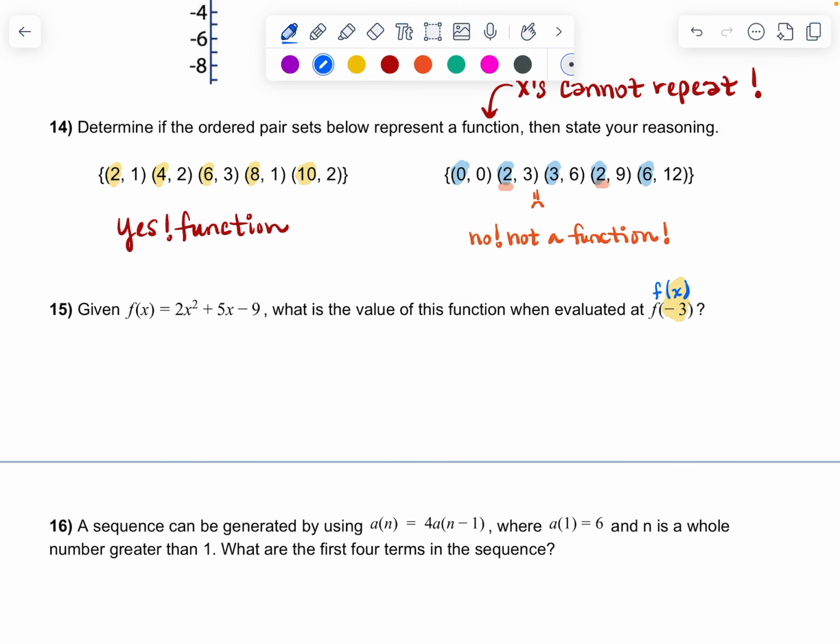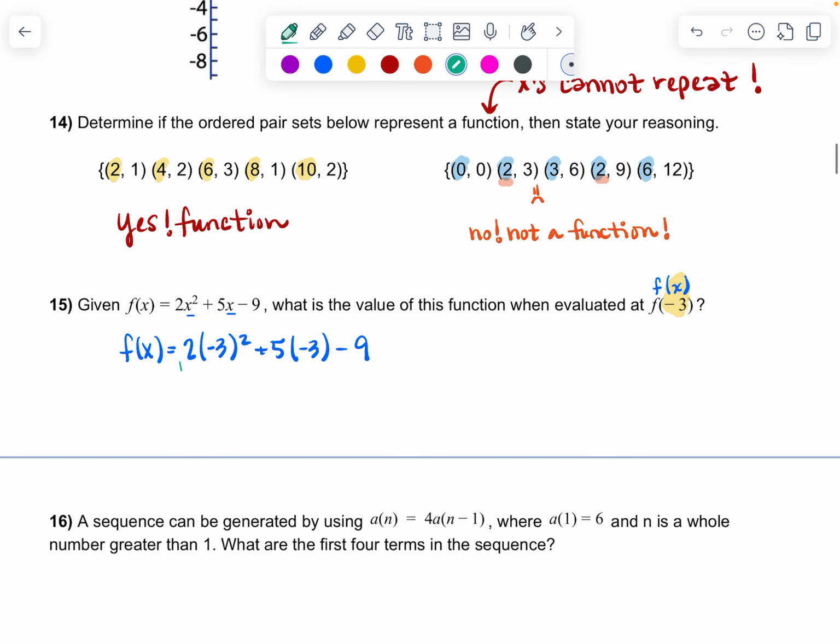That's all that means. So basically, I'm going to come over here and I'm just going to rewrite f of x, but everywhere I see an x, I'm going to substitute a -3 in parentheses. I'm just going to put a -3 in everywhere I see an x. So there's an x there and there's an x there.